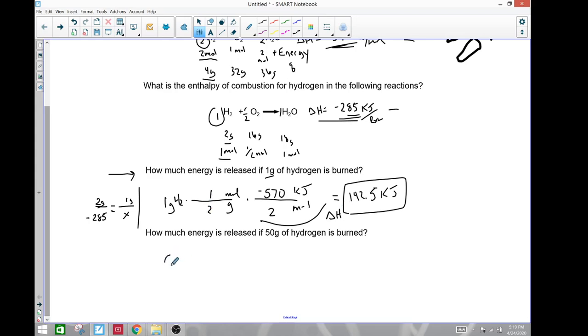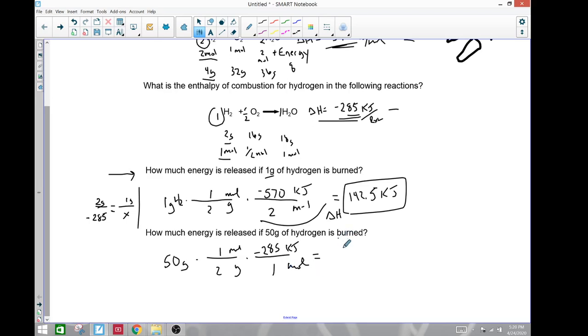I've got 50 grams. All right, dot line, get rid of grams, go to moles. 1 mole is 2 grams. Dot line, I want to get rid of the moles and go to kilojoules. Okay, and you could use the 1 to 285. It's not the one I used last time, but it's the same ratio.